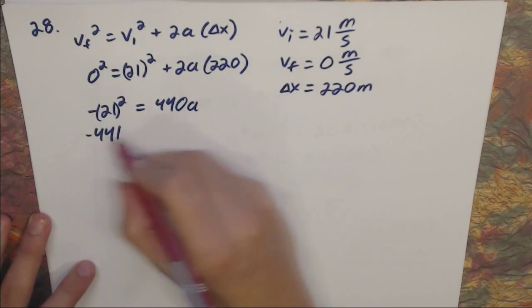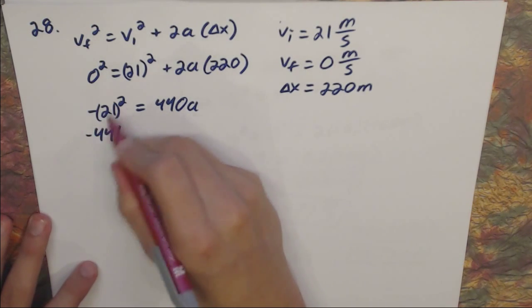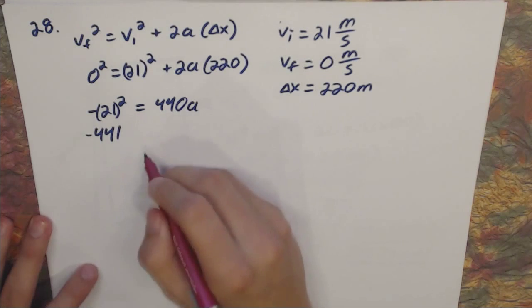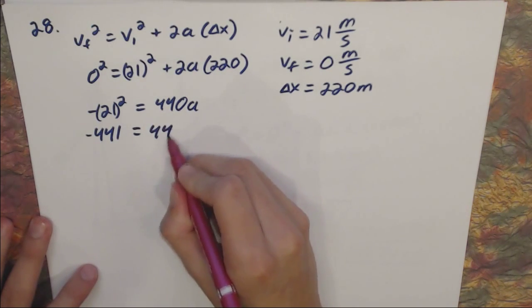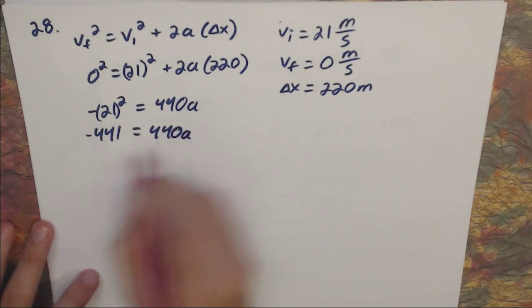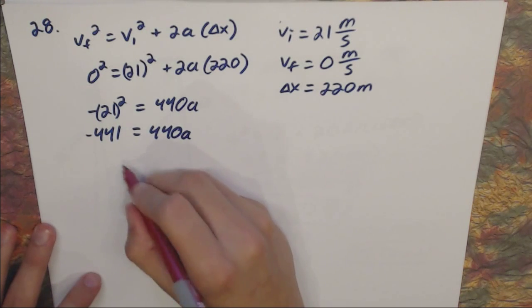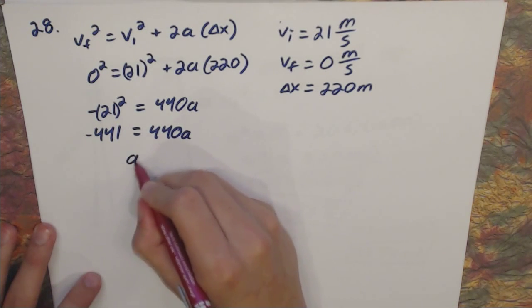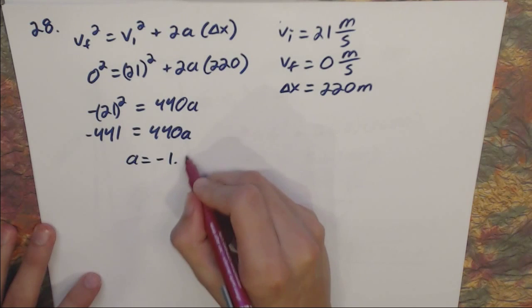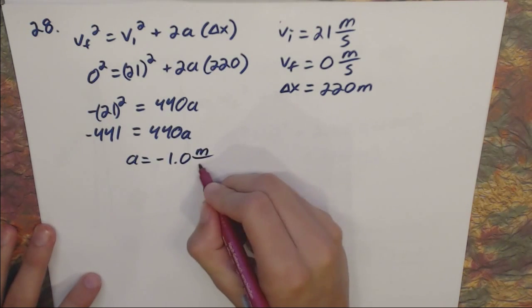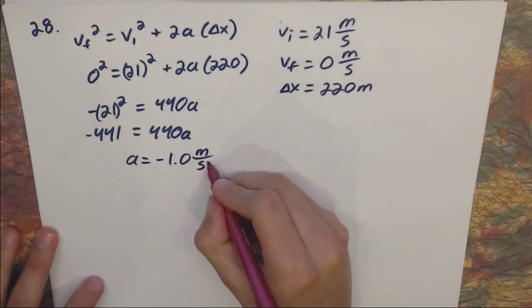Don't forget the negative sign, because the negative sign's outside the parentheses, so you don't square the negative. You apply it afterwards. Equals 440a. So we divide those out. We're going to get acceleration is equal to negative 1.0 meters per second squared.